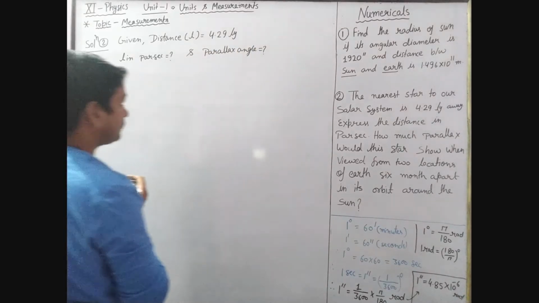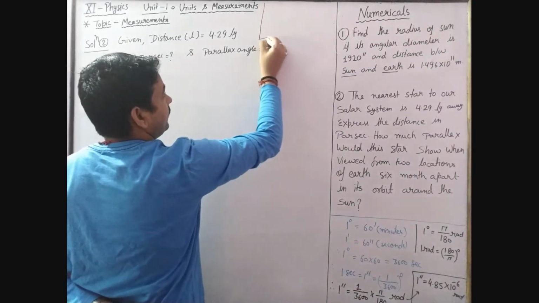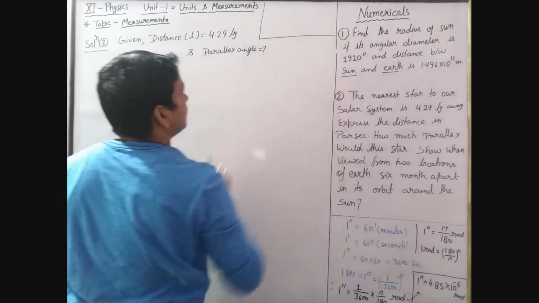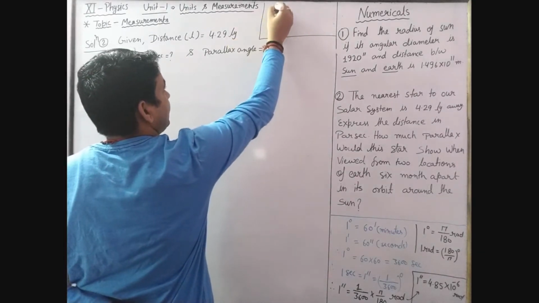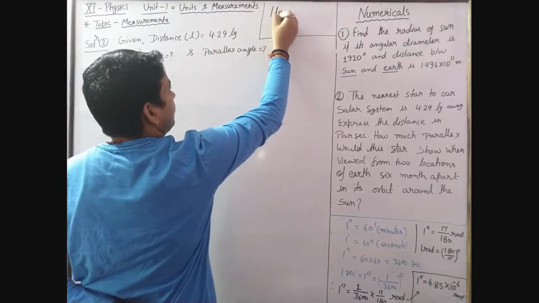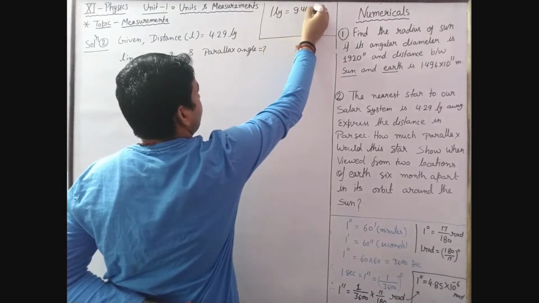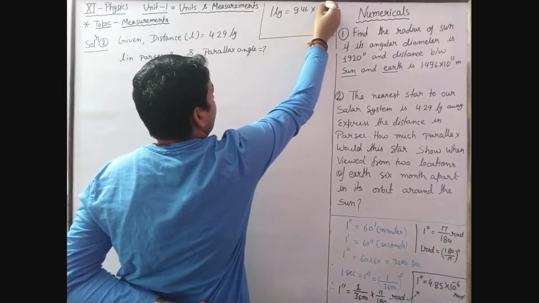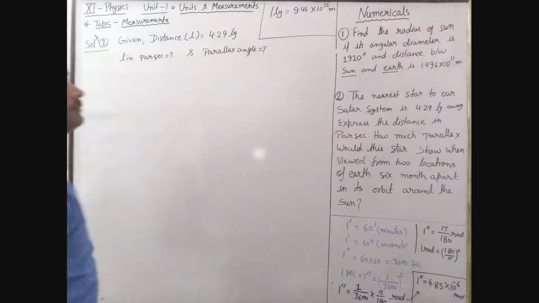Okay, now first I will just write here the two values. The distance of 1 light year is equal to 9.46 into 10 to the power 15 meter.